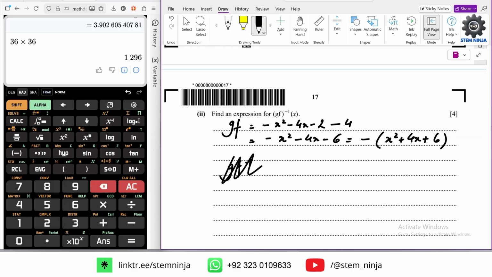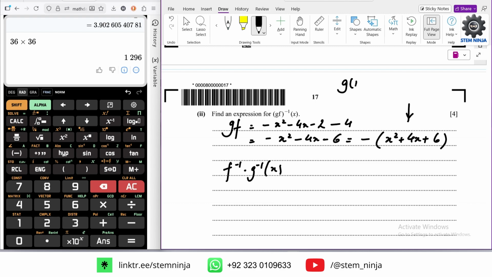Wait, I think it would have been easier, because we have to complete the square for this one. So what if we had done g inverse of x?